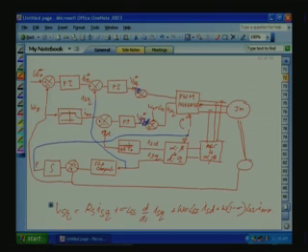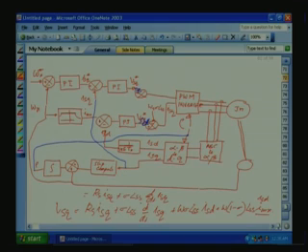See here, omega IMR is equal to ISD, correct? So sigma IMR we can replace with ISD in the steady state operation. IMR is equal to ISD. Finally, this equation will be equal to RS ISQ plus sigma LSS d by dt ISQ plus omega LSS ISD, it will come because IMR we are taking as ISD.